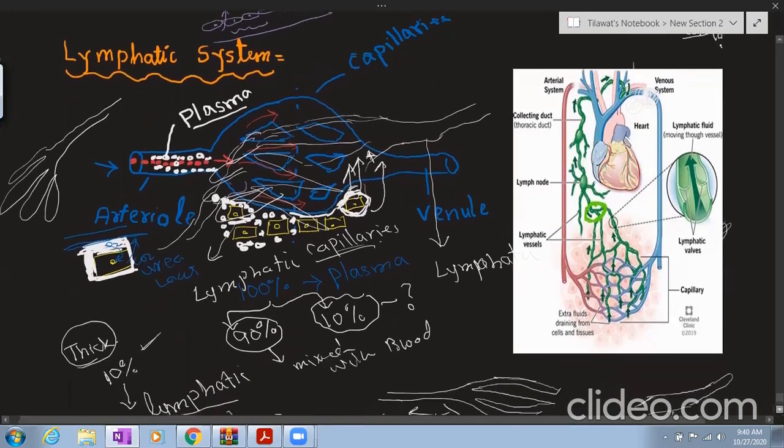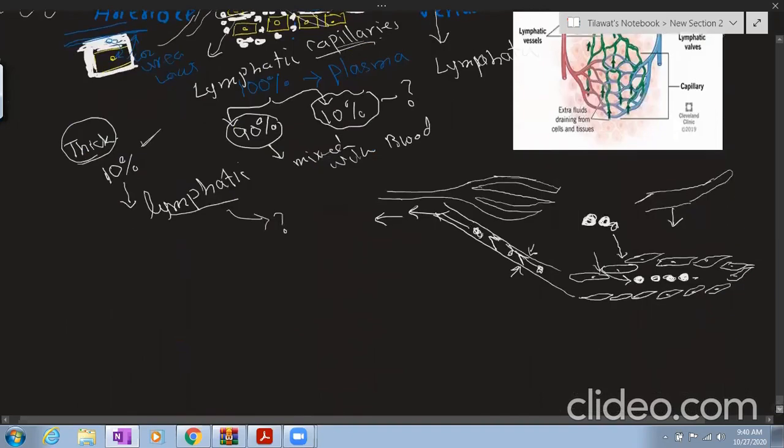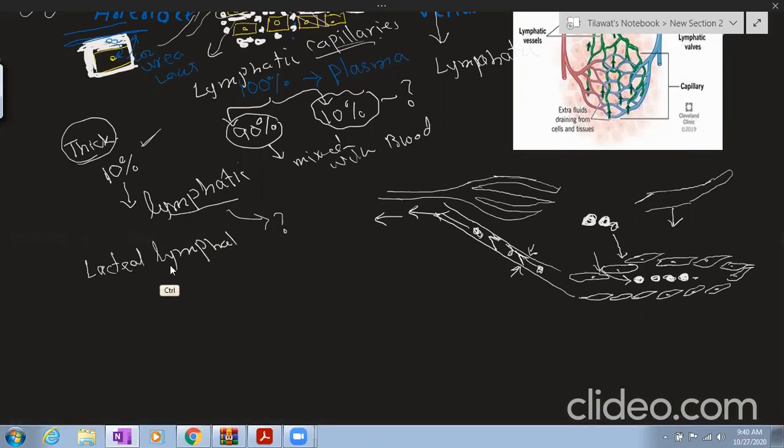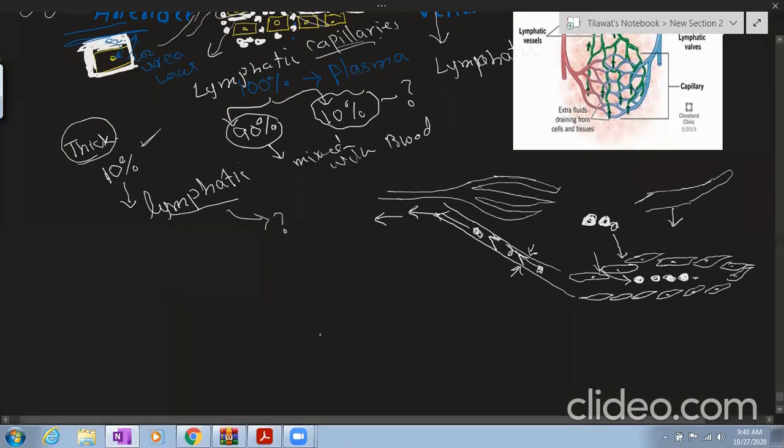All right, now another point I discussed with you last day: lacteal capillaries, right? Lacteal lymphatic capillary. What is the function of that? Okay, before going to the lacteal lymphatic capillary, let me discuss the lymphatic node.